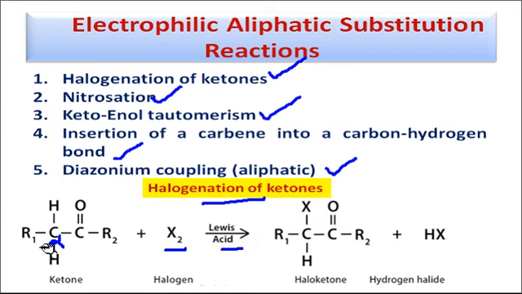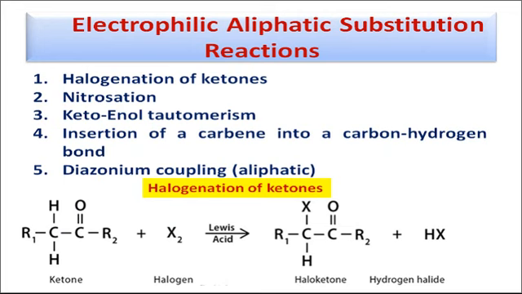What is the alpha carbon atom? It is the next carbon atom to the functional group. So this is the keto group here, and this carbon atom is the alpha carbon atom, and the hydrogen attached to the alpha carbon atom is known as the alpha hydrogen. So in this electrophilic aliphatic substitution reaction, alpha hydrogen is replaced by the halogen in presence of the Lewis acid.